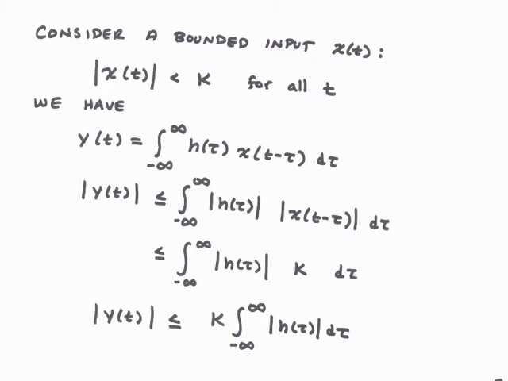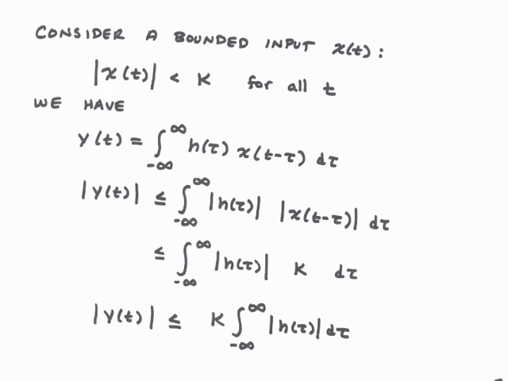We're now going to try to develop a bound for y of t, and we'll start from the convolution integral expression for y of t. That is, y of t is the integral from minus infinity to infinity of h of tau, x of t minus tau, d tau. We can take the absolute value of both sides, and then we can overbound the right-hand side by pulling the absolute value inside the integral, and overbound that by then applying the absolute value to the individual terms.